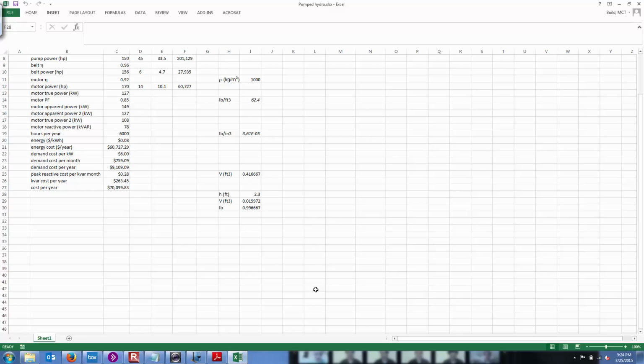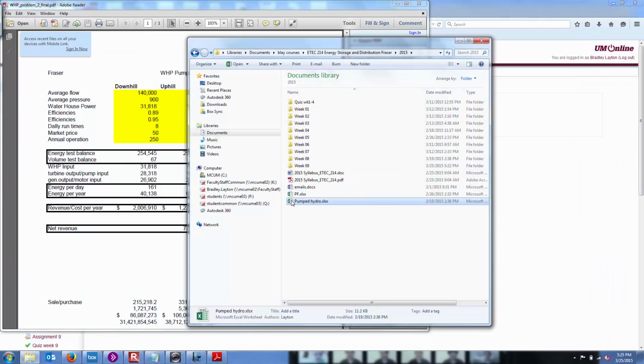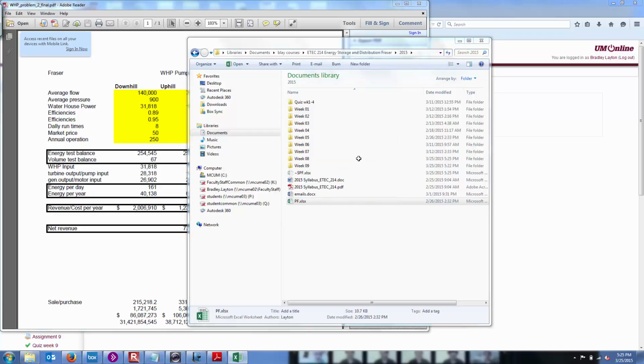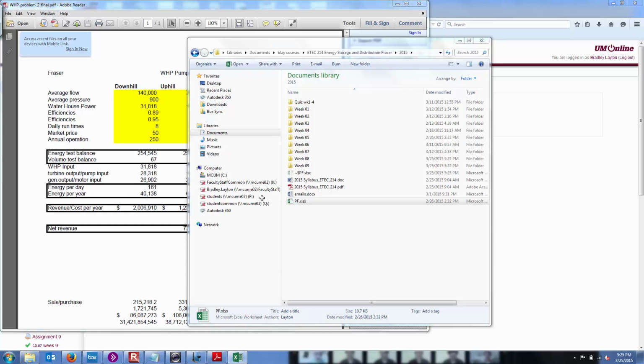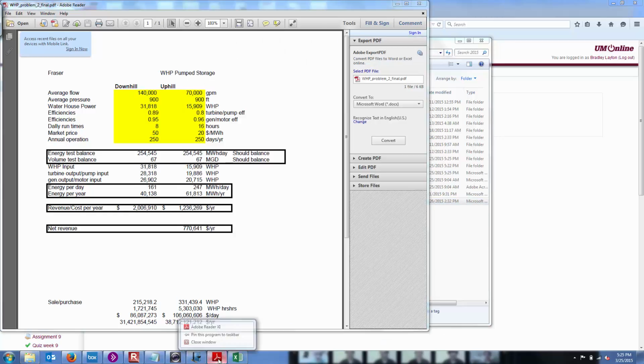I'll move that up. Old one there, power factor.